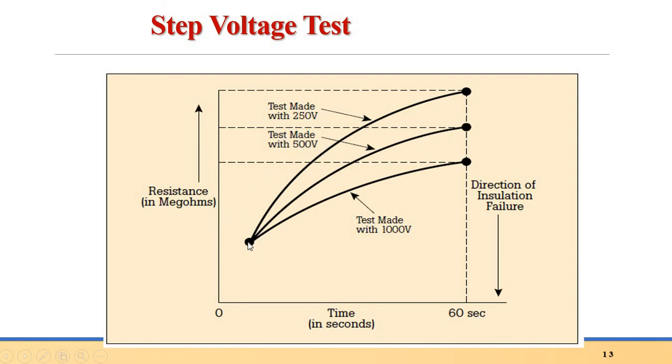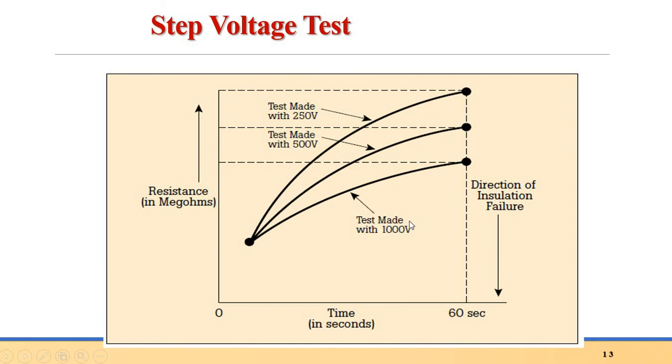So this is the starting point. When the test is made with 250 volt, you will find that the resistance value is larger. Then when the test is done with 500 volt, there will be some decrease in the resistance magnitude, so you get a lower resistance value.